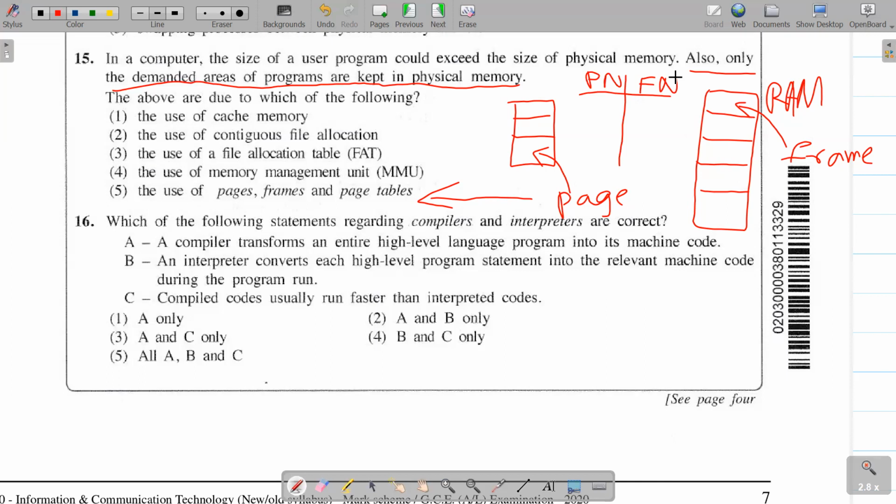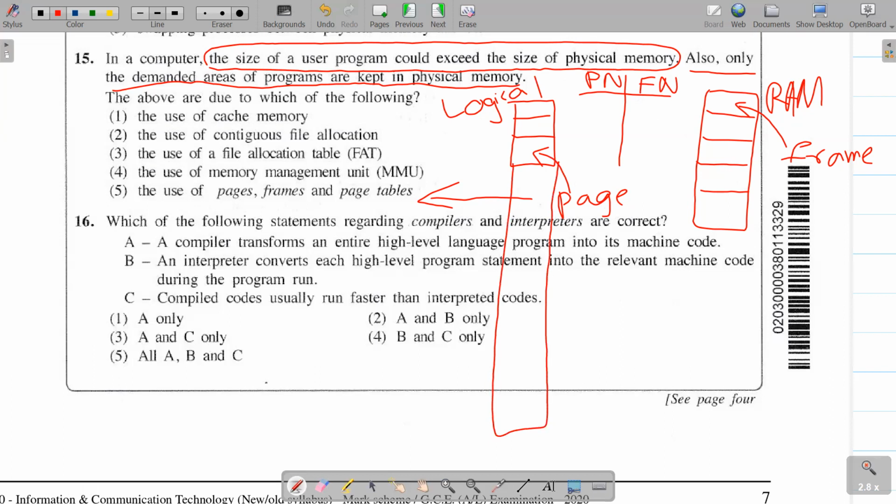And in this case, what they are talking about? In a computer, the size of a user program could exceed the size of the physical memory. This means the logical memory we drew here. This logical memory is bigger because logical memory happens due to a program.